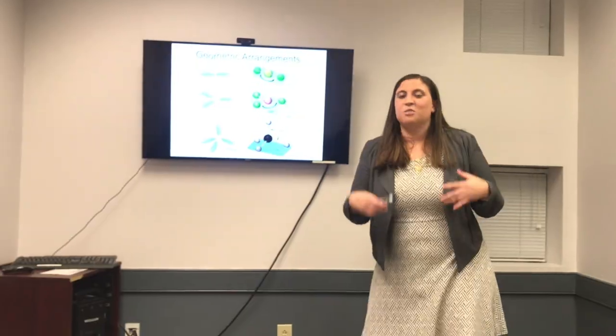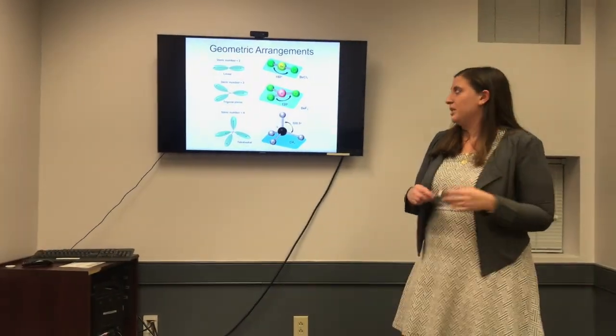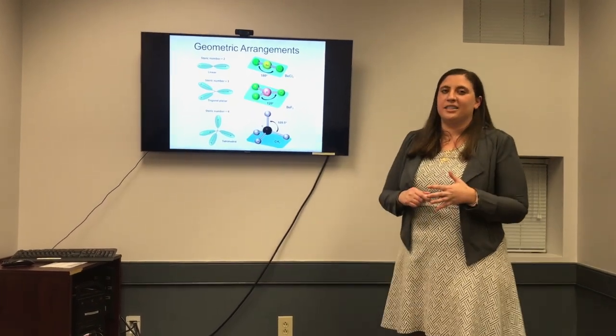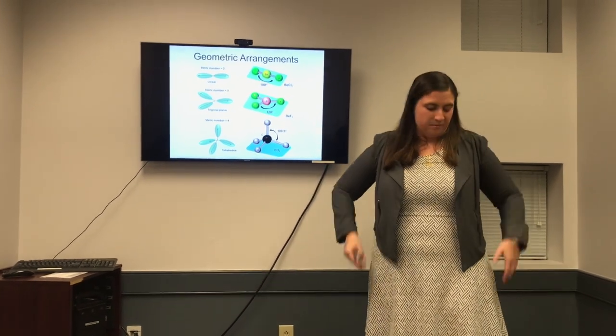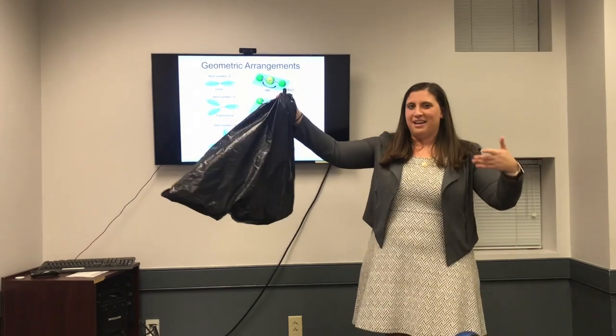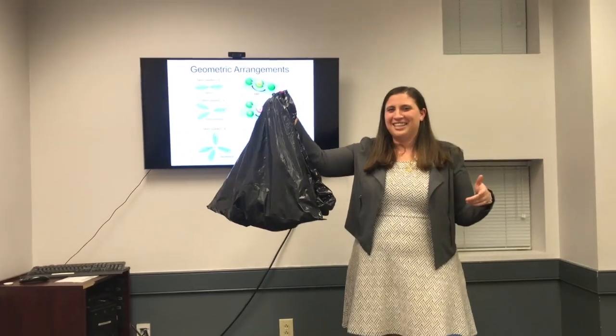So moving on, we have to think about the geometric arrangements in terms of VSEPR theory. So when the steric number is 2, it has a shape called linear that is 180 degrees away from the central atom. This brings me to the mystery of what is in this garbage bag. So do you guys think that I just brought in garbage today? No one.